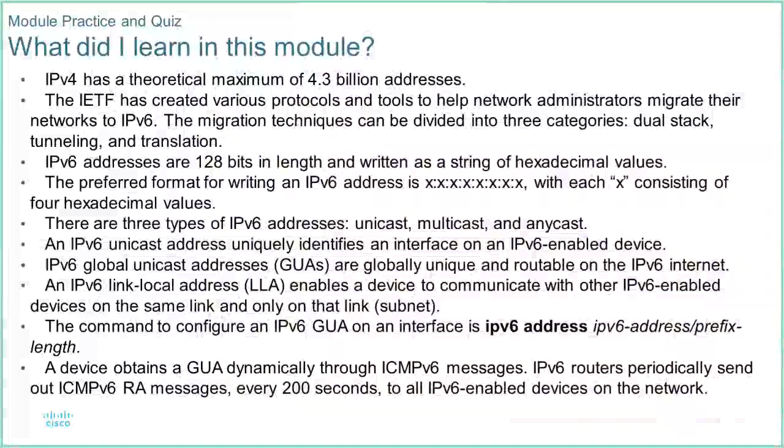So we've talked about how we represent that 128 bits in groups of 4 hexadecimal values. There's no longer a broadcast, there's an anycast. Unicast and multicast work exactly the same.